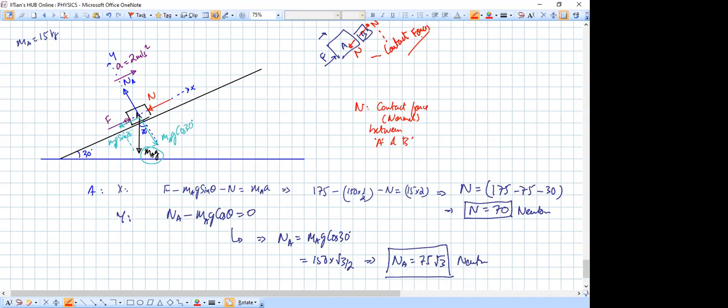It is a contact force between A and B. Archit, I've written down what is N. See there in red it's written. It's the contact force between the blocks A and B. Just now we were talking about that only.